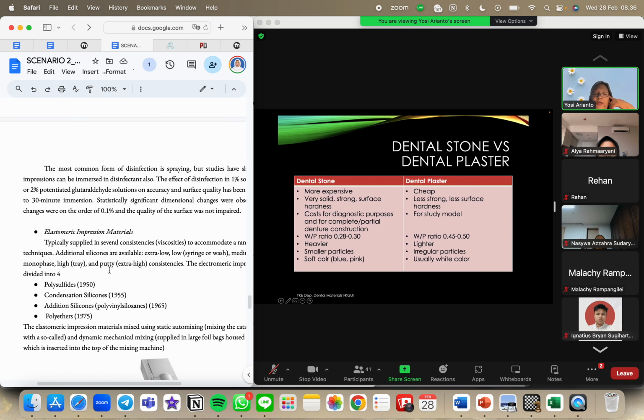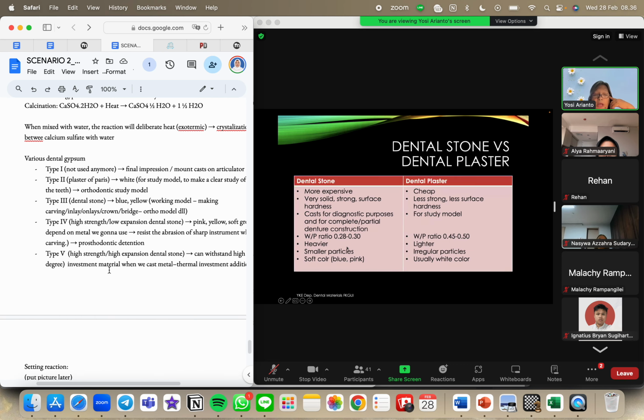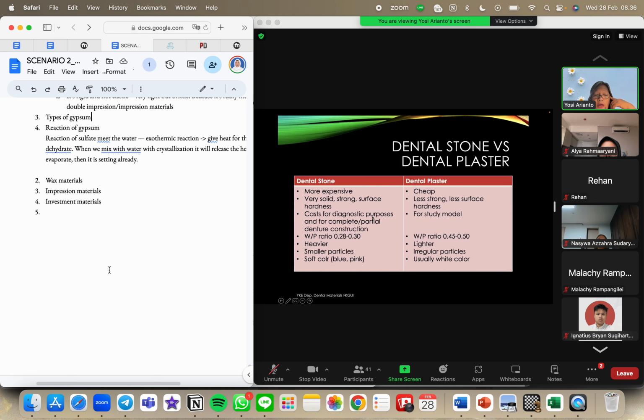Dental stone is for diagnostic purposes and also complete and partial denture construction, or for wax carving, for making an inlay or crown bridge.